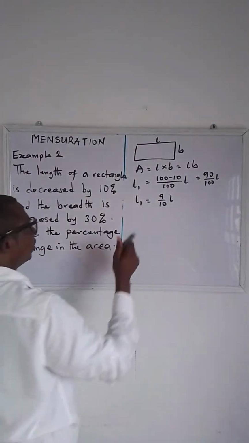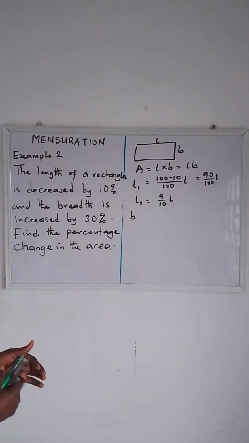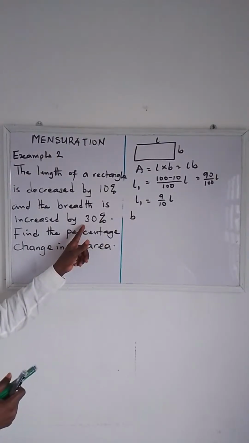Now let us look at B. The breadth is increased by 30%.